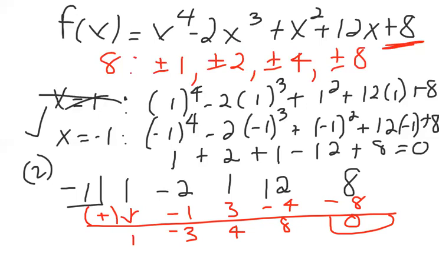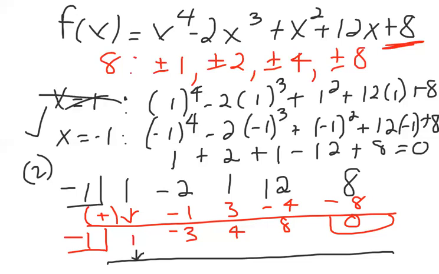So since Jessica said the -1 has a multiplicity of 2, as in the graph, the graph is touching or bouncing at x equals -1, we're going to use that -1 again for the second synthetic division, guys. I'm going straight into it.